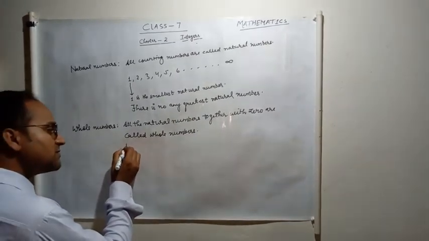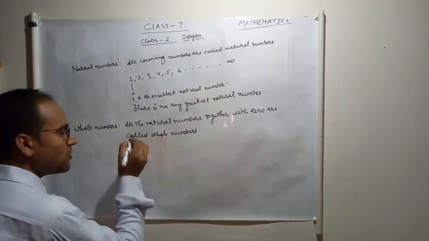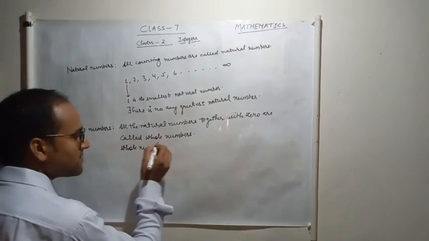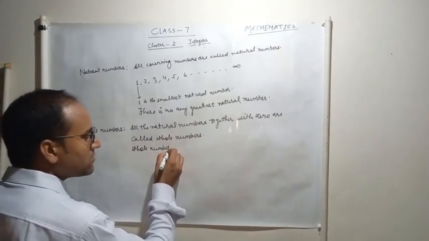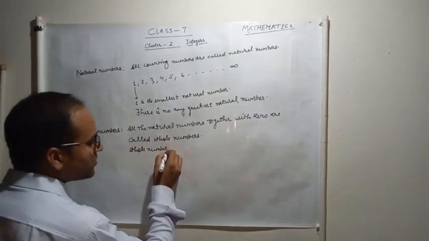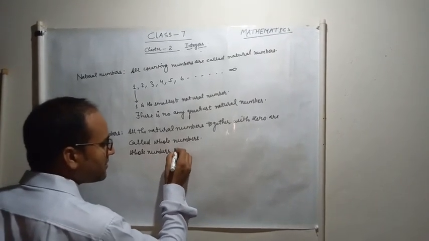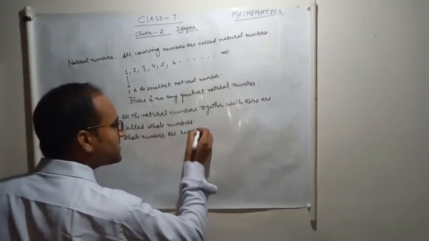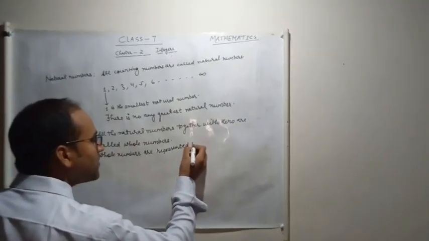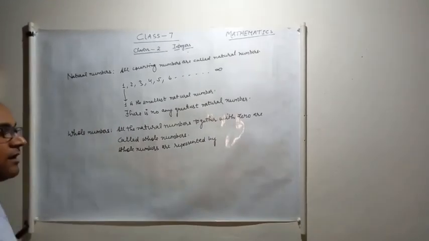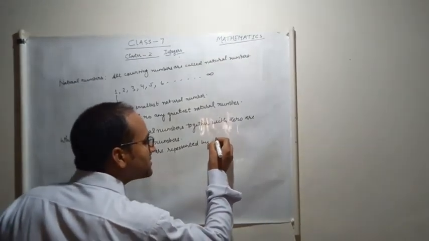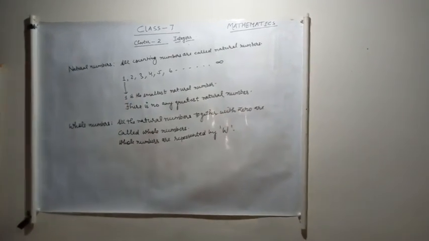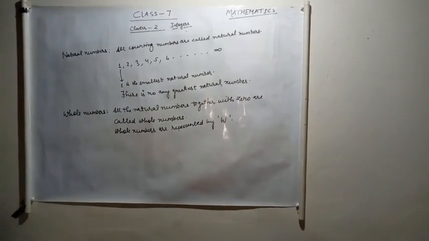Whole numbers are represented by a capital letter W. It is the symbol for representing whole numbers.